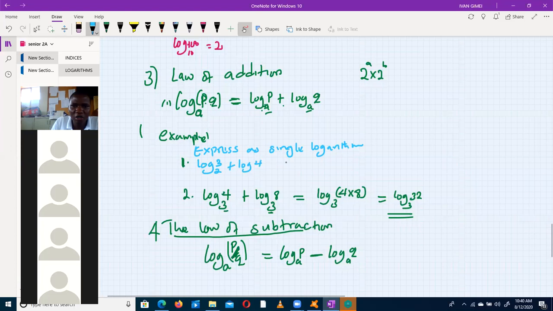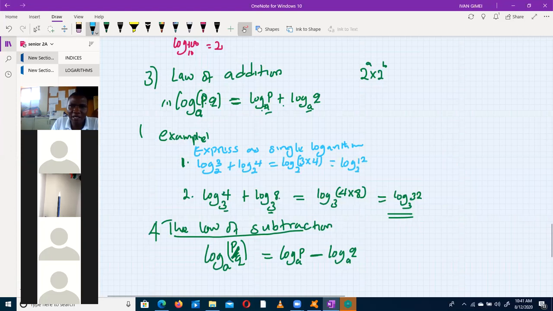This will be the same as log of 3 times 4 to base 2, and this will give us log of 12 base 2.